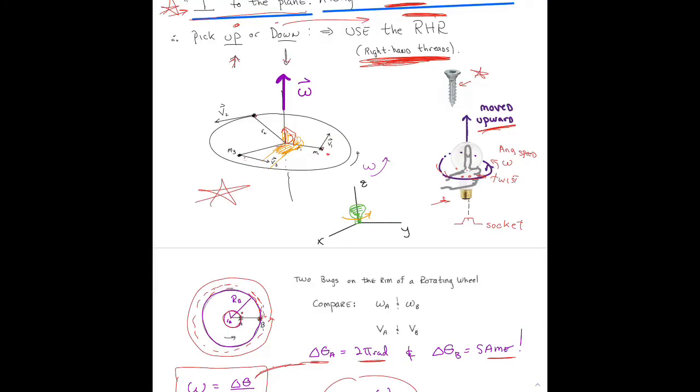And the other thing that we'll see about the right-hand rule is that if I take this light bulb, and let's say it's screwed into a socket in the XY plane, let's say the XY plane is the table, and you take this hand to unscrew the light bulb, so I didn't draw the thumb, there's the thumb, and the fingers go around like that.